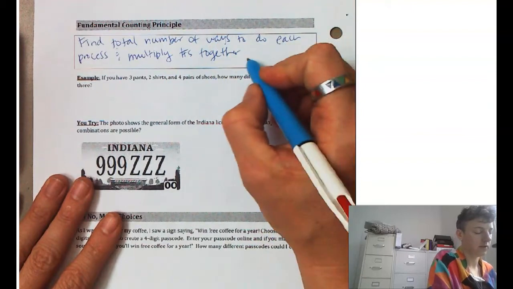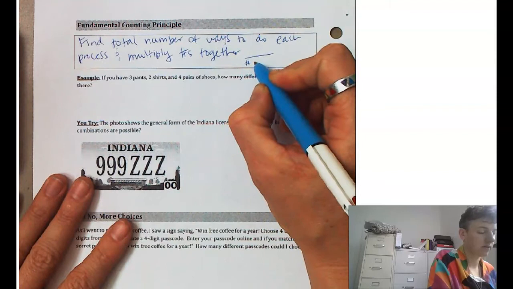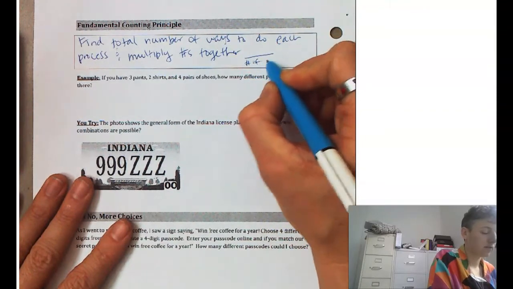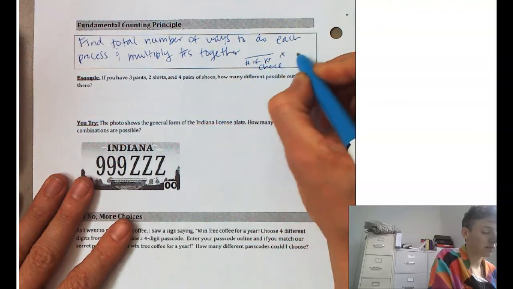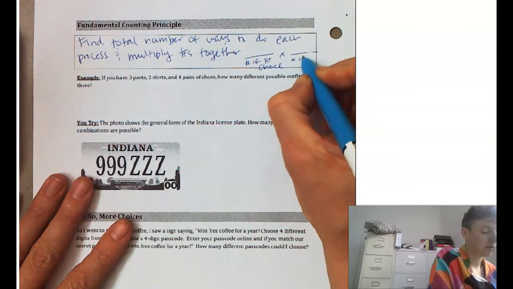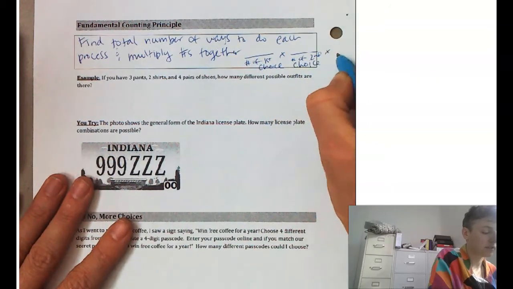So for example, we'll have number of first choice times number of second choice times etc., etc., etc.